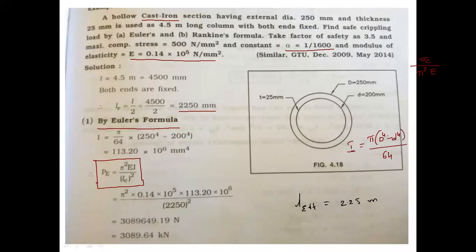Substitute this here: pi by 64 of, the external diameter 250, and the internal diameter 200. Internal diameter is not directly given; thickness is given. So the internal diameter is the external diameter minus 2 times the thickness.